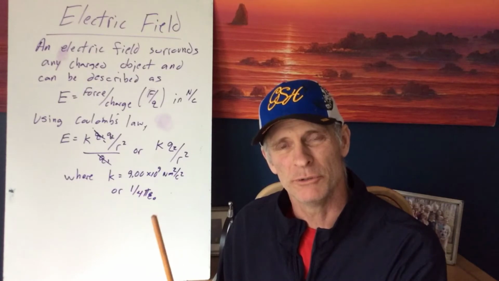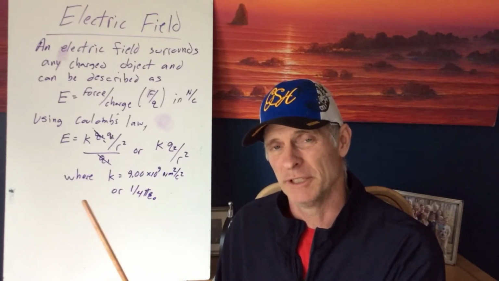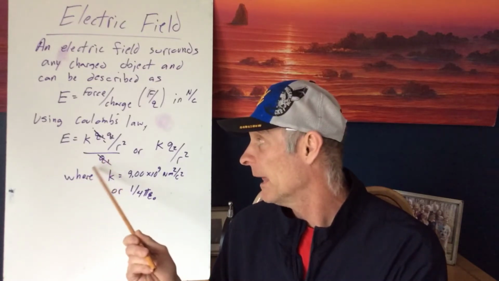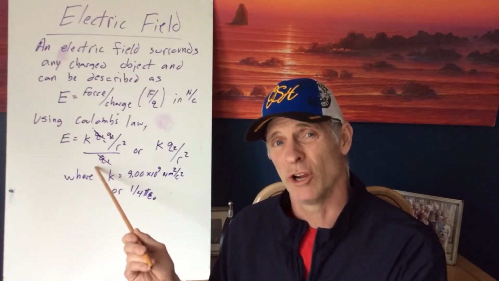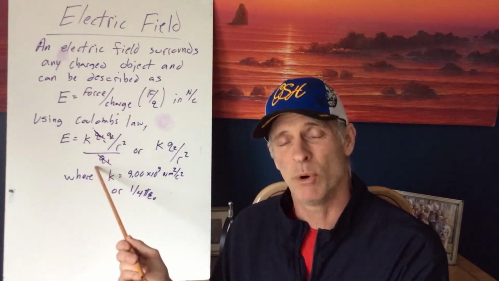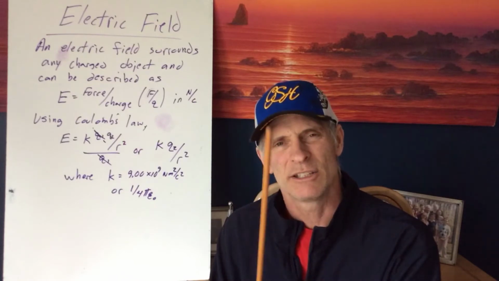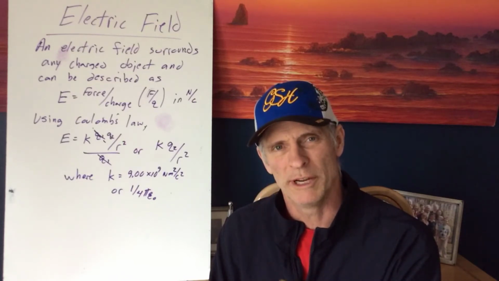That's the numerator of the electric field definition. So if we divide that by the charge of the test charge that we're looking at, Q1 is going to cancel out on both the top and the bottom. And we're left simply with kQ2 over r squared.